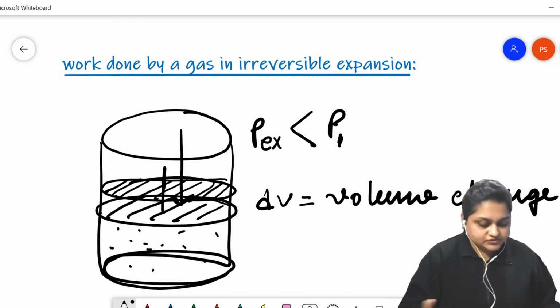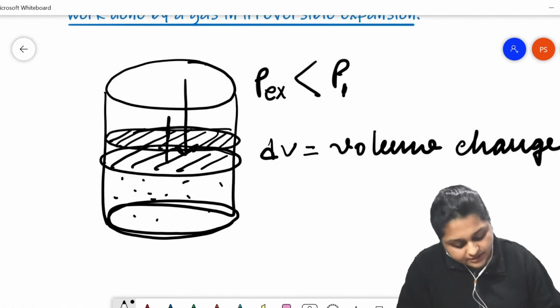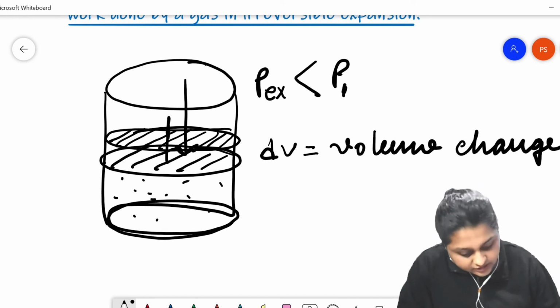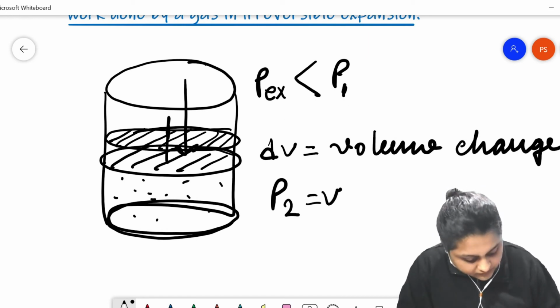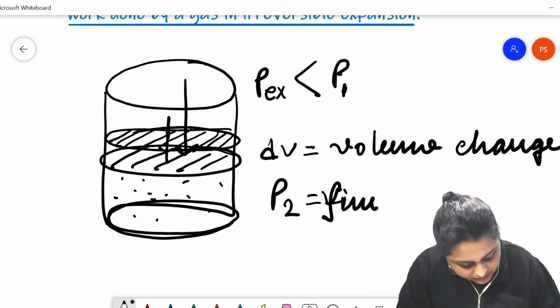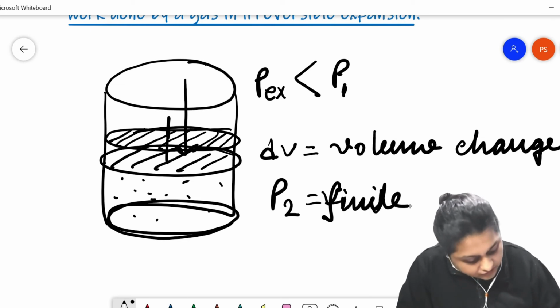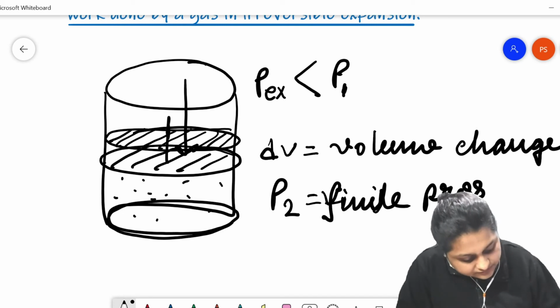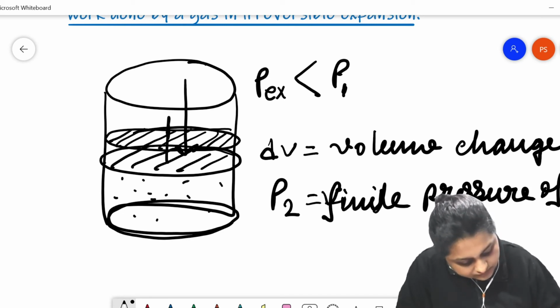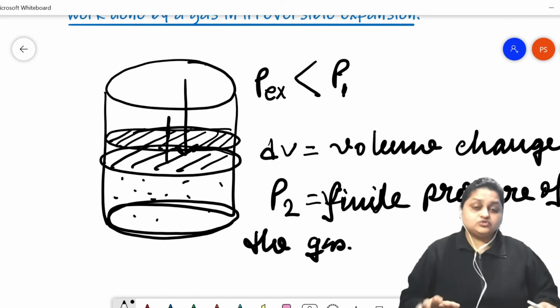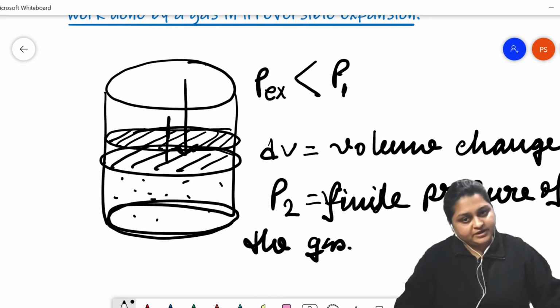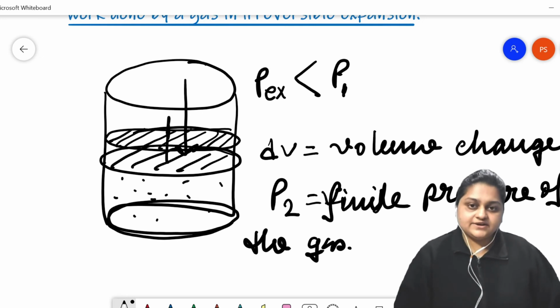Now, after this volume change, this P1 pressure will change to P2 pressure, the final pressure of the gas, and the expansion process is finished.